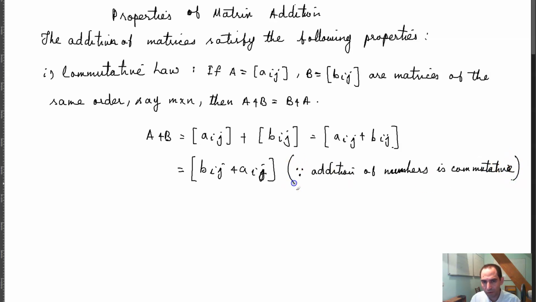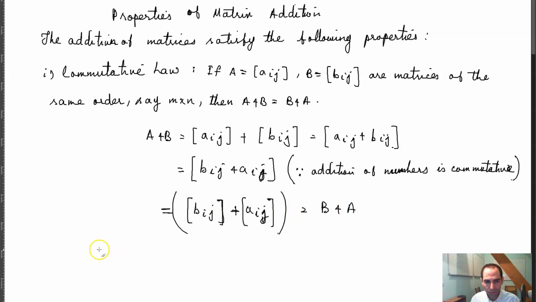And so you can write this as B of ij as a matrix plus A of ij as a matrix, and that is equal to B plus A. Therefore, for matrices A and B satisfying all of these conditions, A plus B is equal to B plus A. So the commutative law applies to matrix addition.